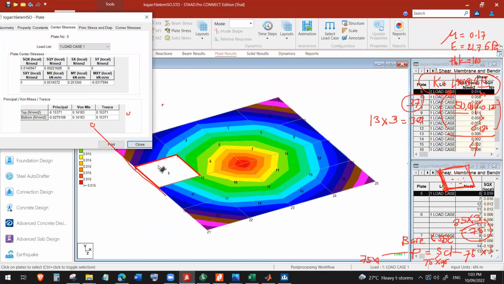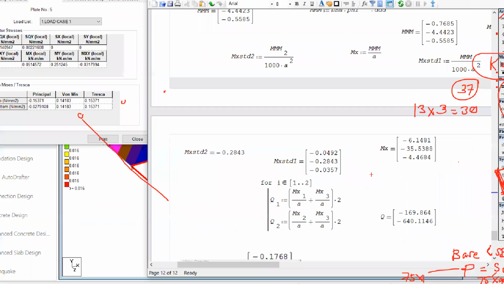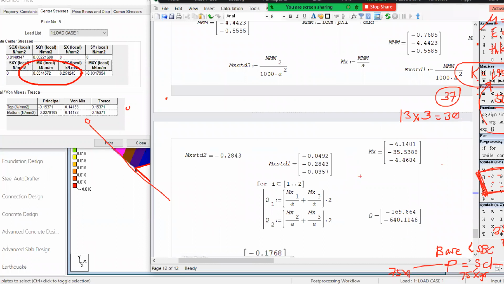According to STAAD, we got 0.05 and 0.25. So as you see, it's almost the same: 0.05, 0.05, 0.25 or 0.28. MXY is 0.03, almost the same.